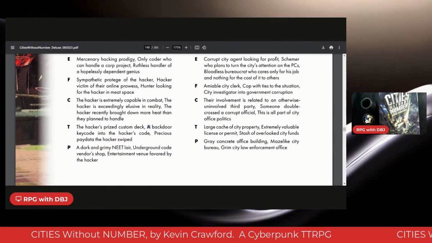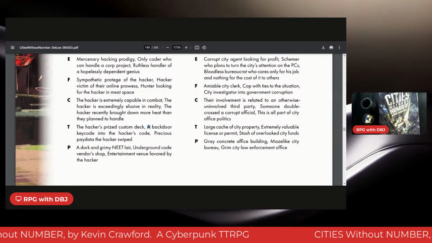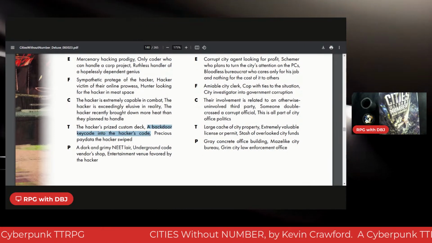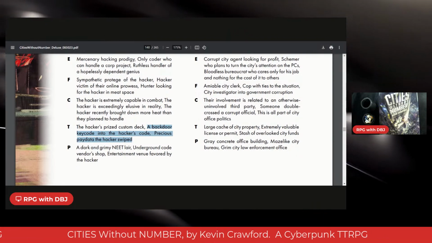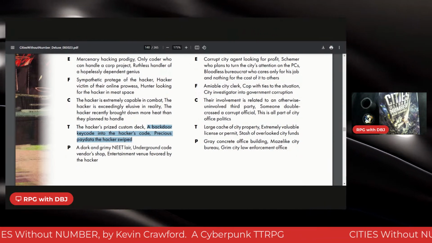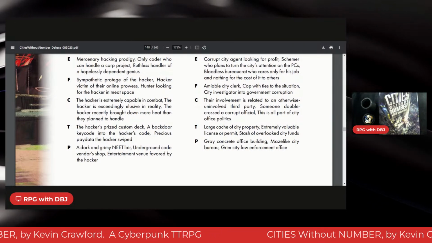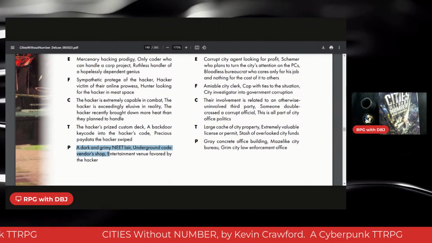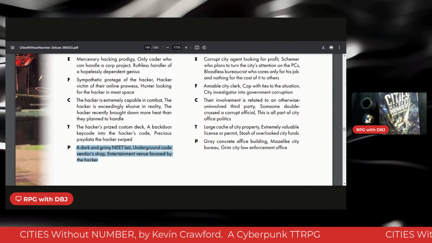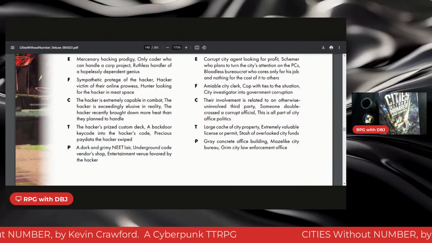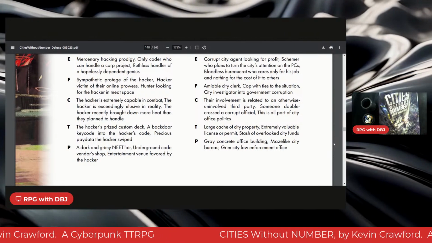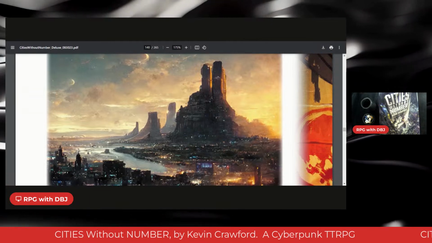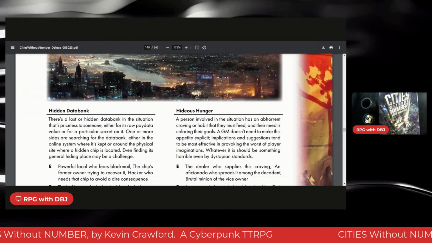A backdoor key code into the hacker's code, or there's maybe a precious payment data the hacker swiped. And then we have lastly a dark and grimy neon lair or underground code vendor shop or entertainment venue favored by the hacker for places. Right? Maybe I'm not describing it very well, but you get the point.